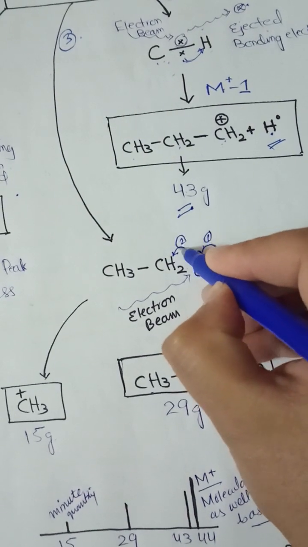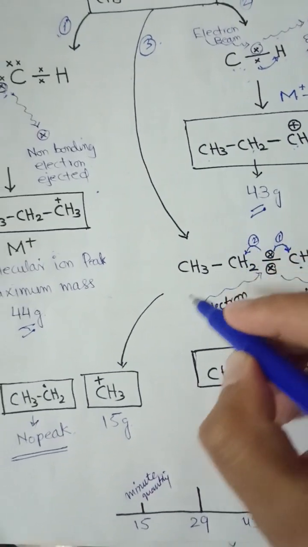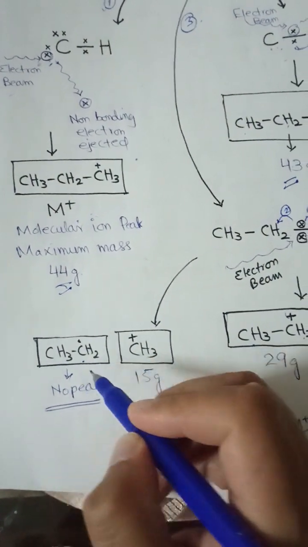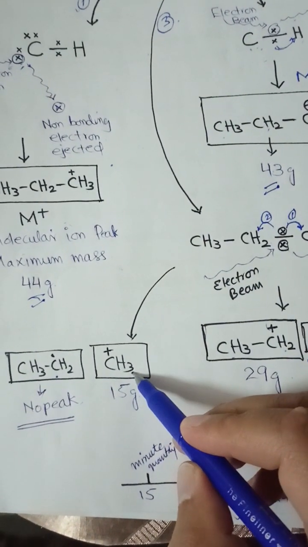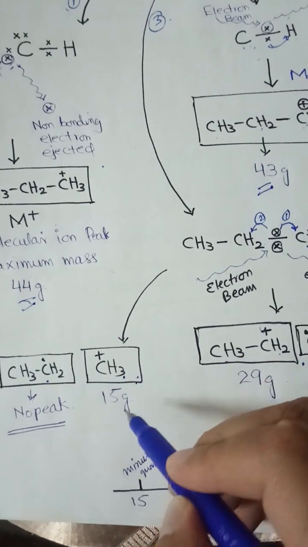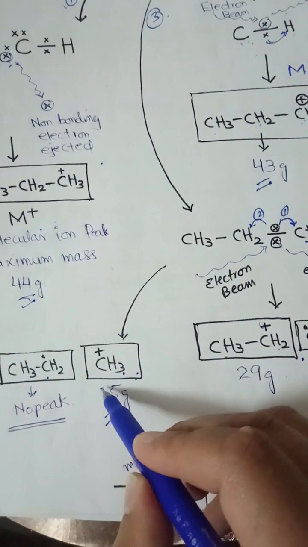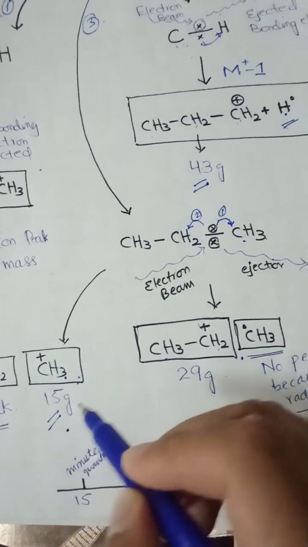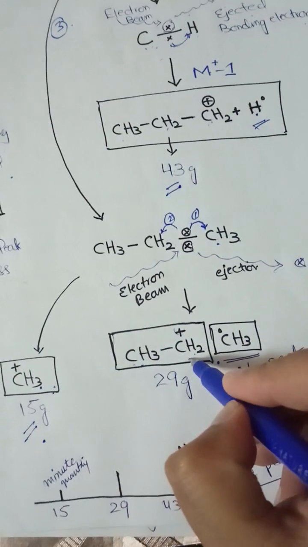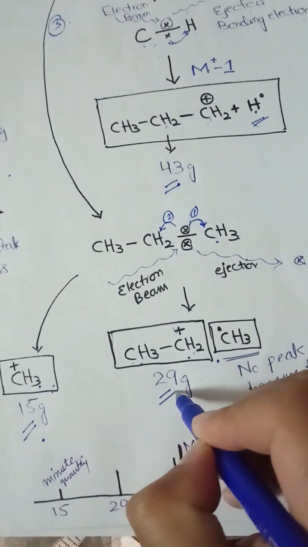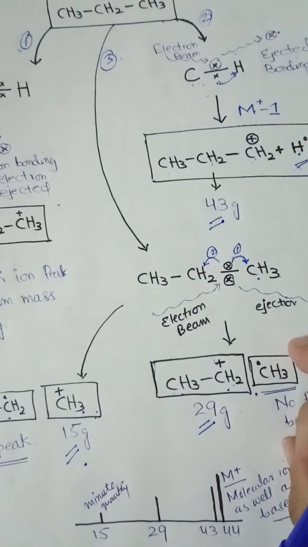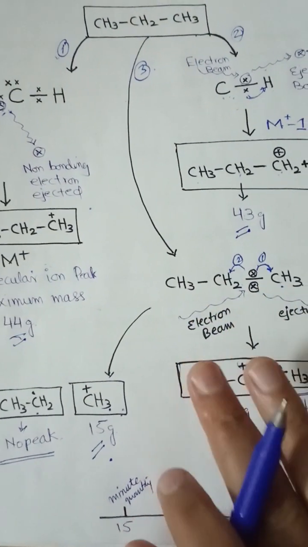We get the ethyl free radical, and for this we get methyl as the positive ion peak, which gives a 15 mass to charge ratio peak. In the first case, we have the cation, and we get a 29 gram peak, and the free radical gives no peak, so it will be absent from the spectrum.